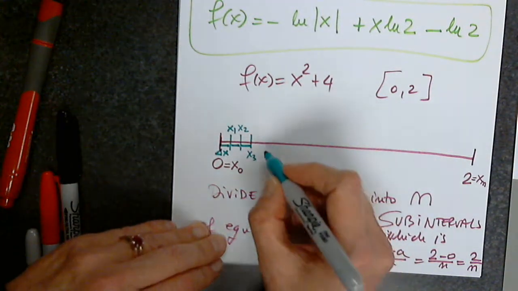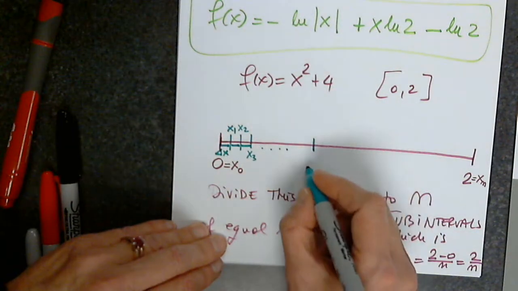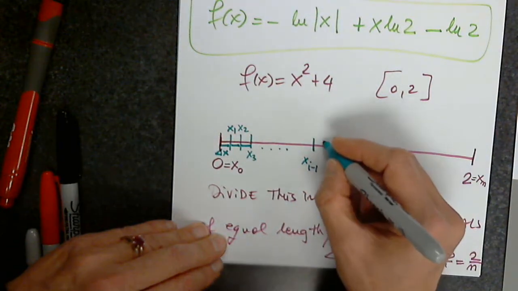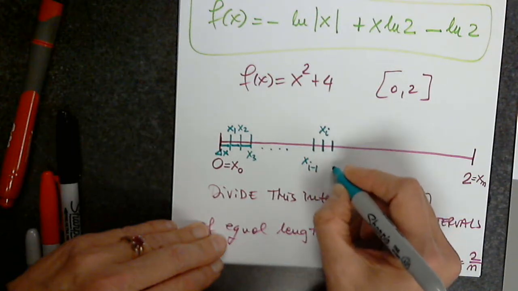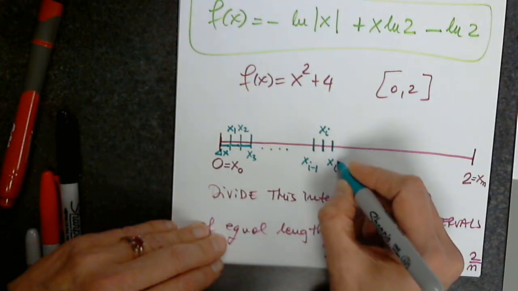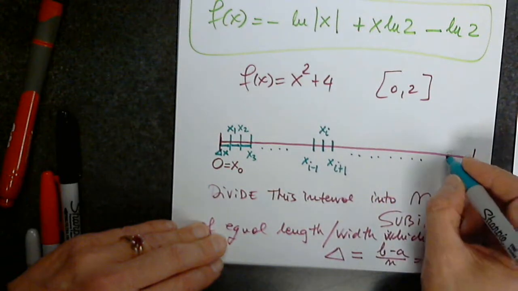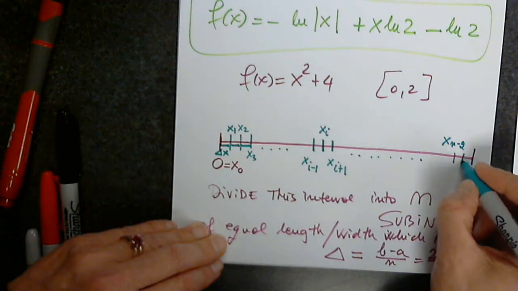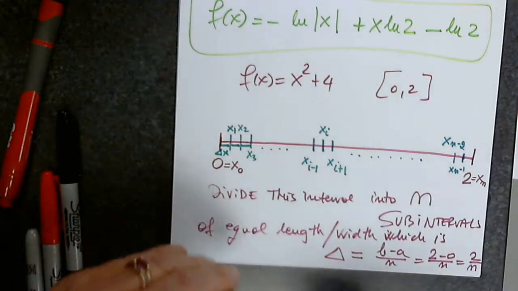No. I'm going to say I will continue here, where I have xi minus 1. Then the next one is xi. What is the next one? X, of course. And then I will continue, where I will say this is xn minus 2. This is xn minus 1, this point here, and this is xn.